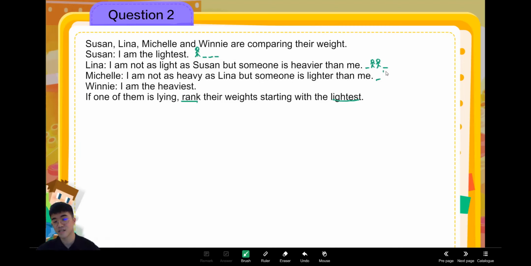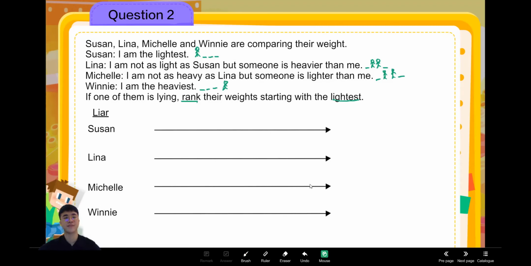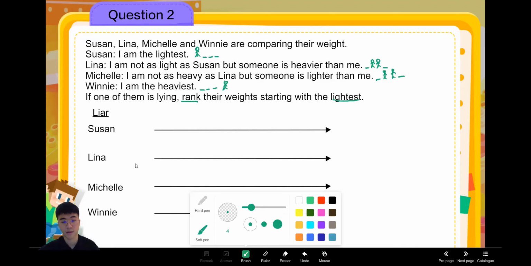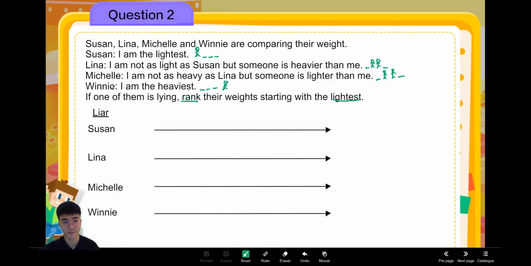Same, because she also couldn't be the lightest and the heaviest. For Winnie, if Winnie is telling the truth, then she will be the heaviest. All right? So based on this 4 summary, what we need to do is to have this diagram.